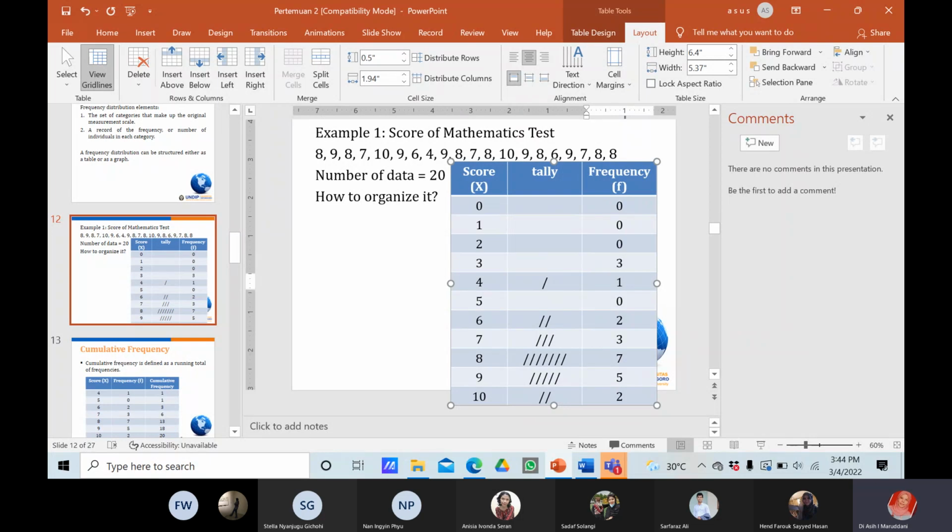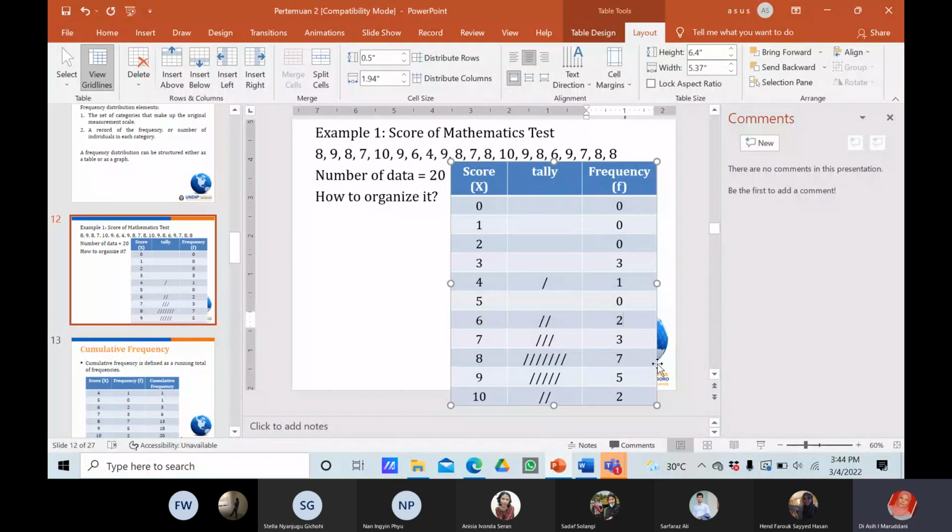Just one student got score 4. No one got score 5, and so on. 2 students got 6. 3 students got 7. 7 students got 8. 5 students got 9, and 2 students got 10, a perfect score.